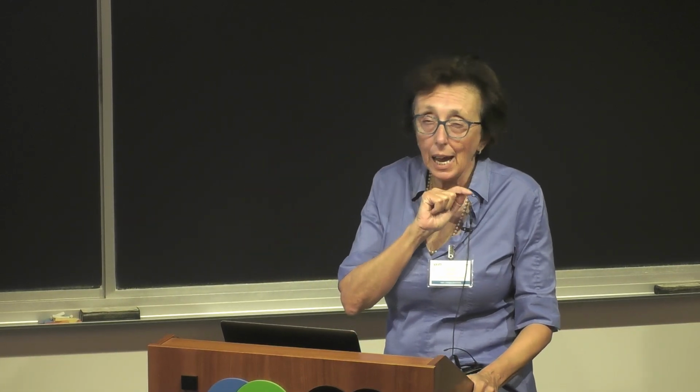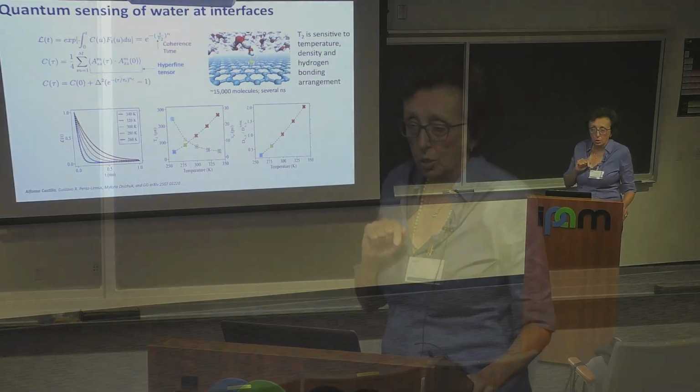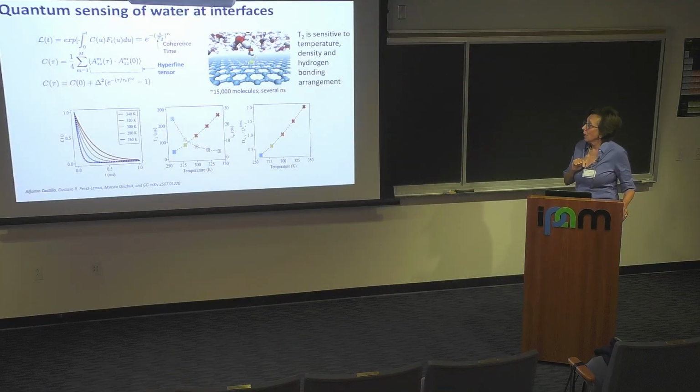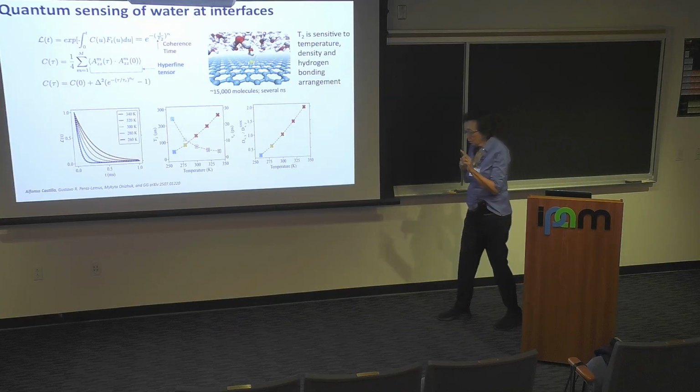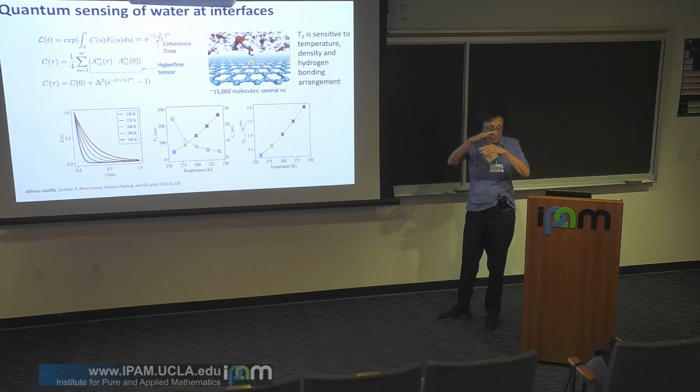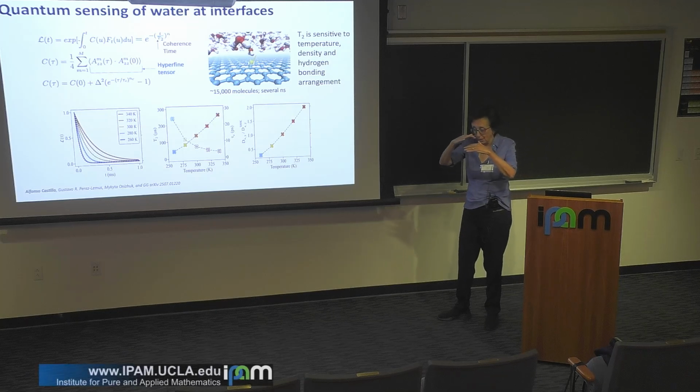And then close to the surface, you have a spin defect. And this spin defect, you want it to act as a quantum sensor. What do I mean by that? What I mean is that this spin defect can be prepared as a two-level system in a certain state.